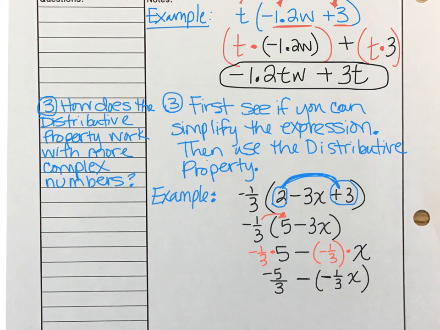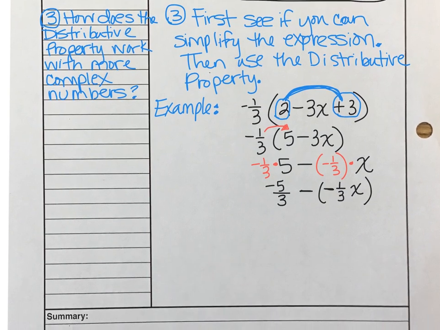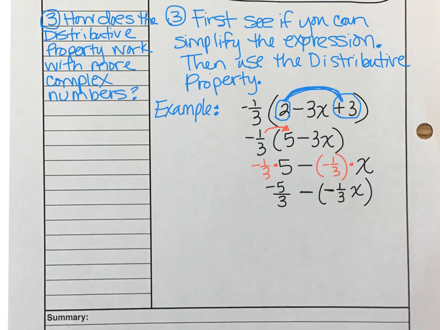So remember that that means that we can simplify by adding the opposite. So my expression is -5/3 plus the opposite of -1/3 is a positive 1/3 x. So there's my simplified expression for that example.